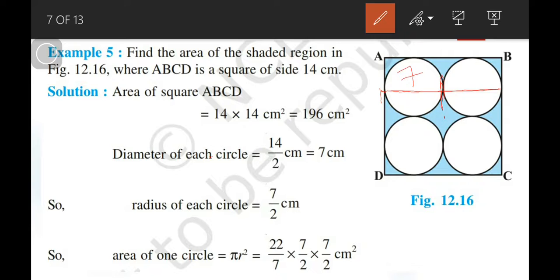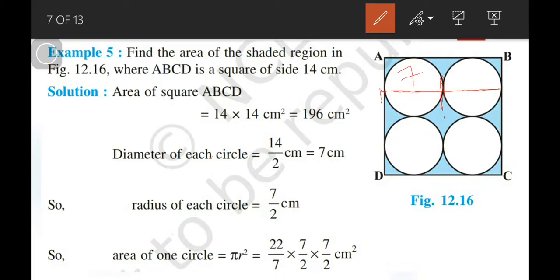It is the total area of this square. We are going to subtract the area of 4 circular regions from this area. So the diameter of each circle will be 14/2 centimeter, that is 7 centimeter. So how much will its radius be, 7/2 centimeter.